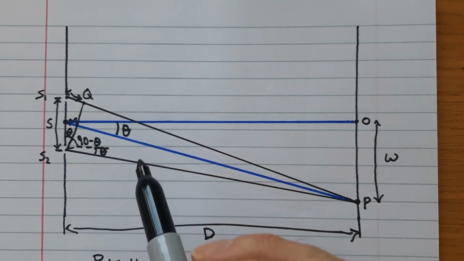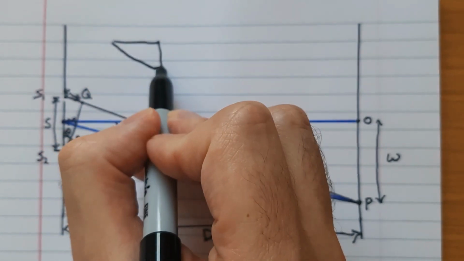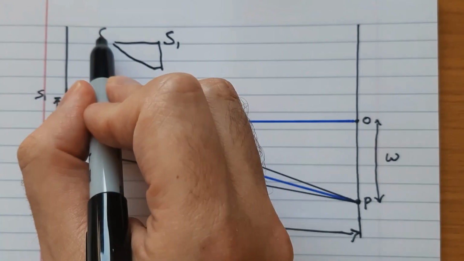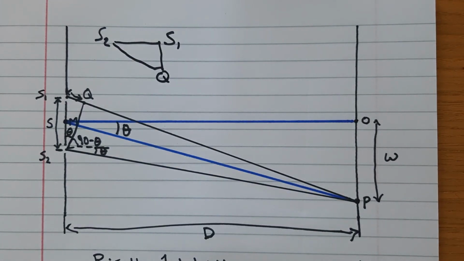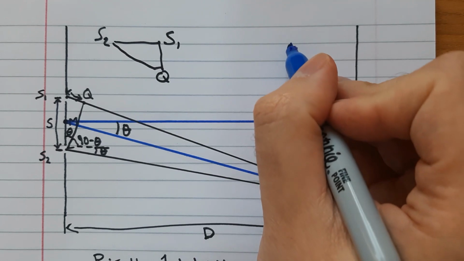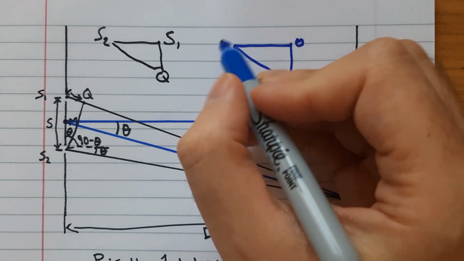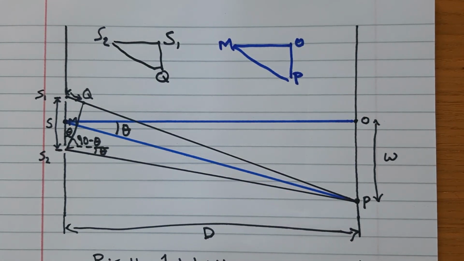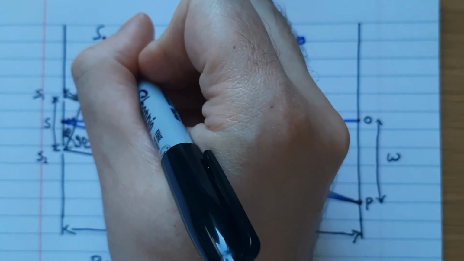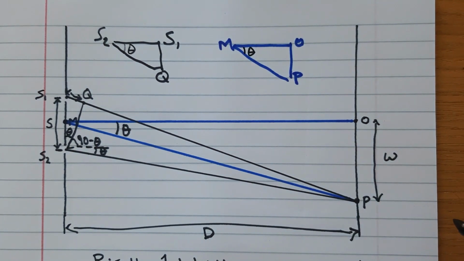I have the triangle which looks like this, S1, S2, Q, and I have the blue triangle which looks like this, O, P, M. In both of those triangles, this angle here is theta, which to a very good approximation, those two angles theta are the same.